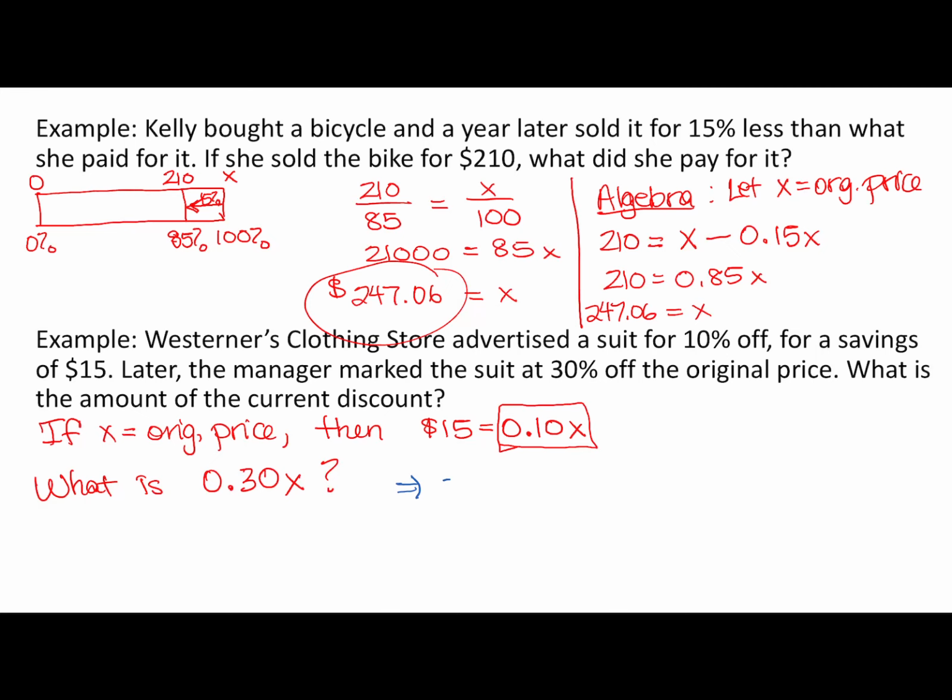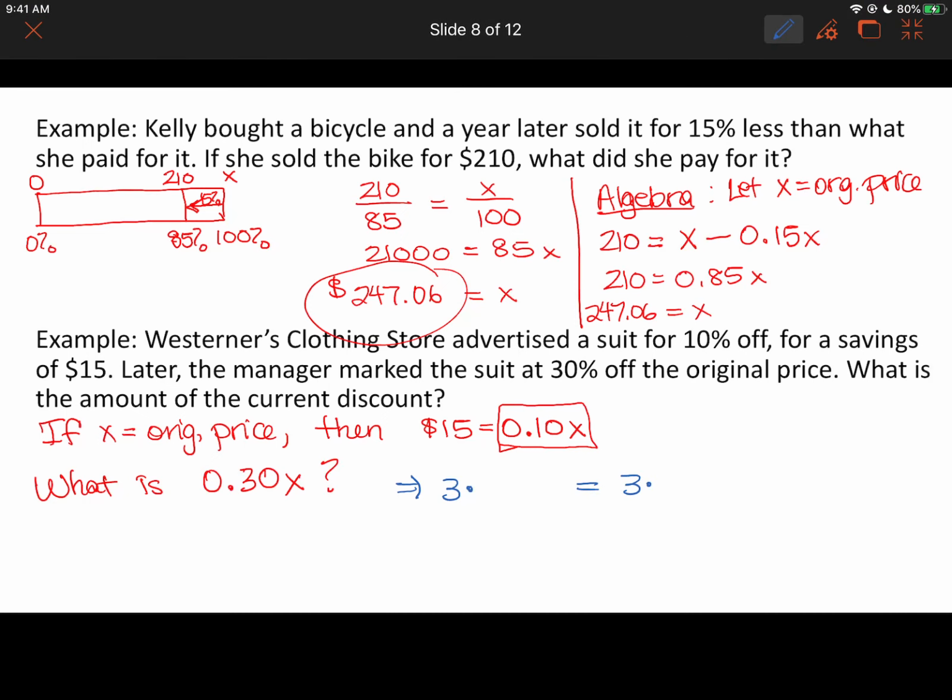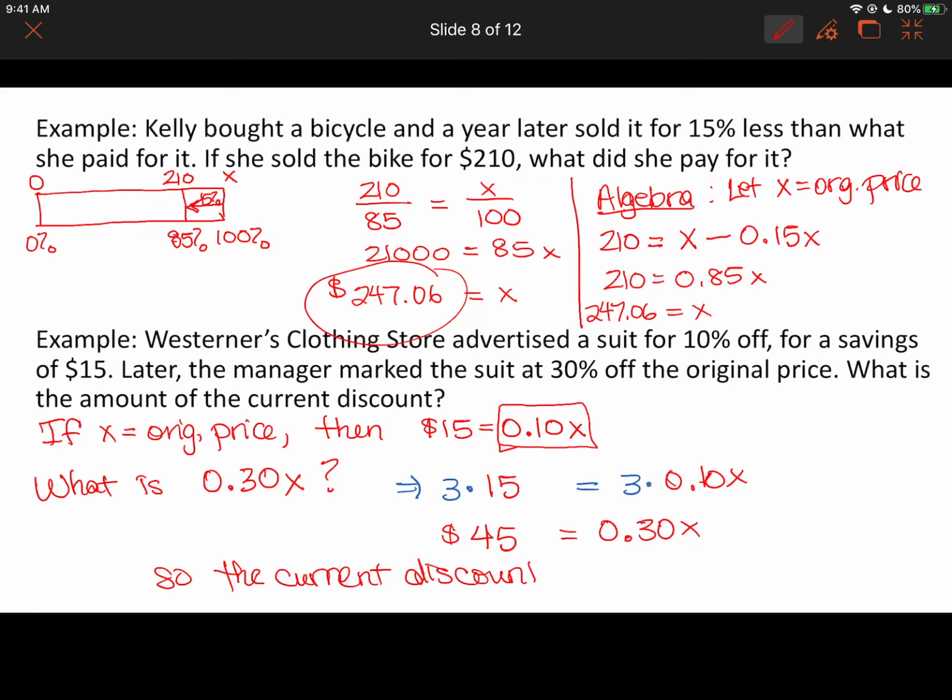So if I multiply by 3, 3 times 15 is equal to 3 times 0.10x. On the left I get 0.30x, and on the right I get 45. So the current discount is $45.